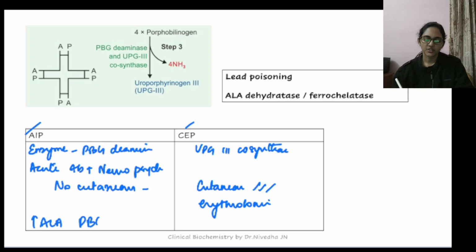In AIP, ALA and PBG are the main things that get elevated. In CEP, congenital erythropoietic porphyria, your uroporphyrinogen 1 isomer is getting elevated. This is the majority that is causing the manifestations that I'm telling you. So this is the difference between acute intermittent porphyria and congenital erythropoietic porphyria.